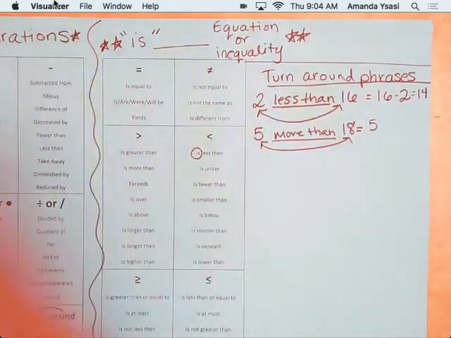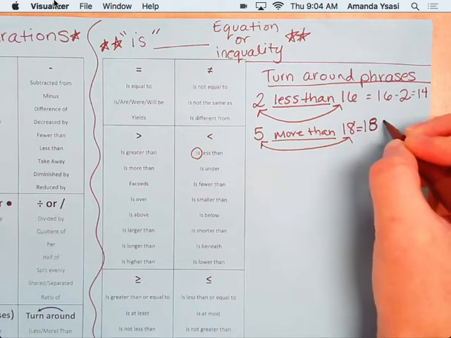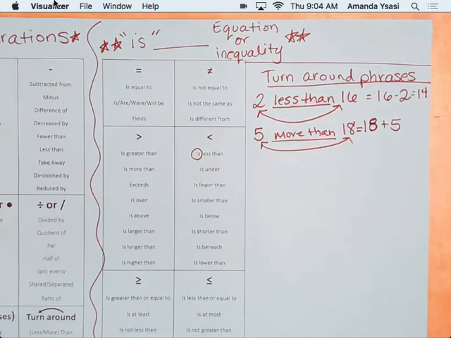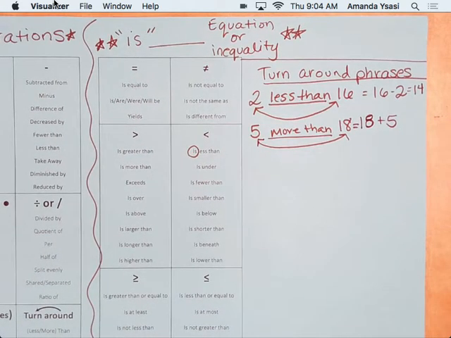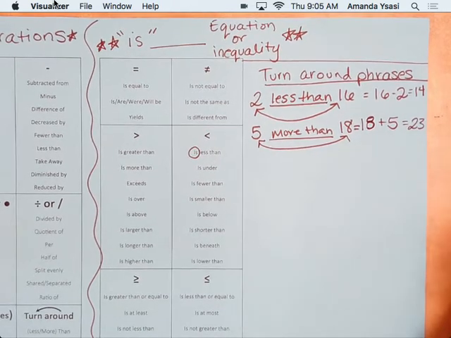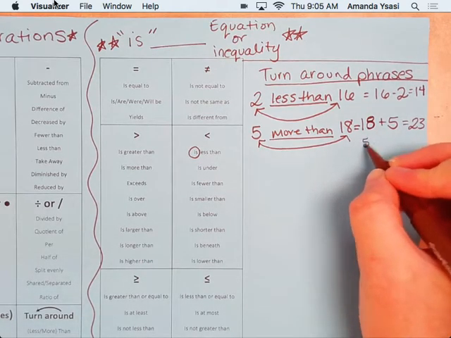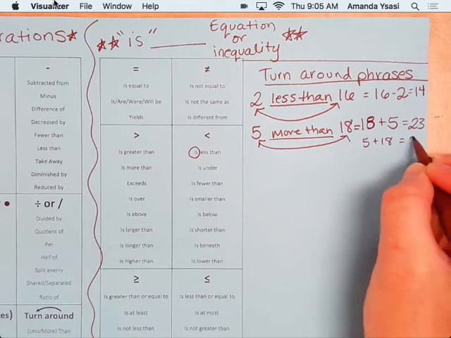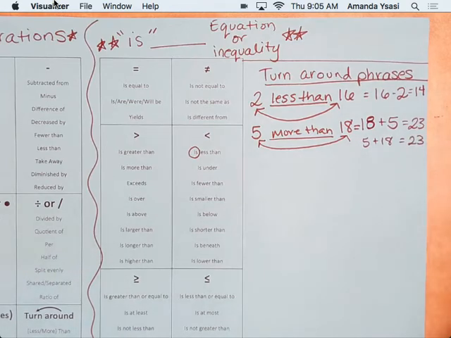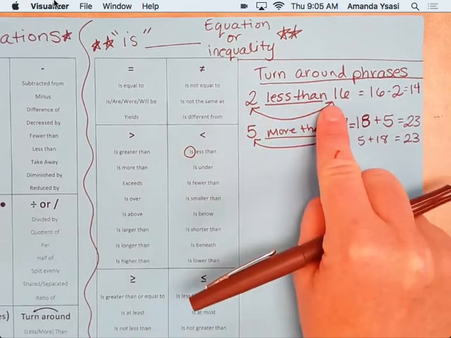Oh, I was supposed to do 18. Let me change that. 18 plus 5. Which is 23. But if I were to write this the opposite way, if I were to write 5 plus 18, wouldn't I still get 23? Okay. So with addition, it's not critical like it is for subtraction.